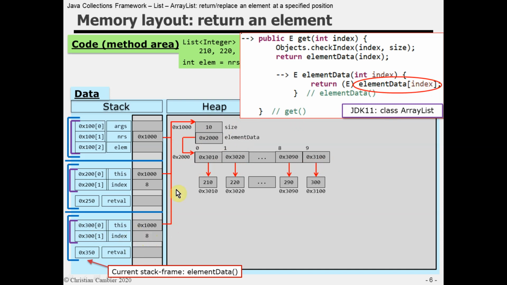Index in the stack frame is 8, so this is the element we are accessing. We are returning the content of the element located at index 8, which represents a reference variable holding the address of Integer wrapper object 290, so the value 3090. I repeat, these are all fictional addresses. This address is thus assigned to the return value of the method.